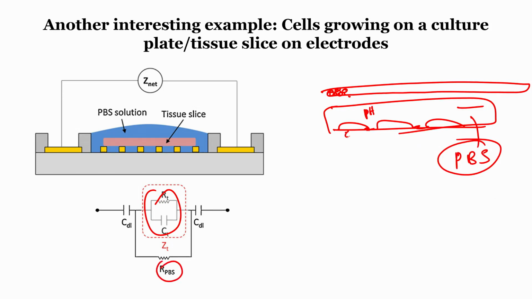And the electrodes below the cells offer a double layer capacitance at the interface, because there is an interface of metal and the lipid bilayer of the cells. That is why it is modeled like this. A double layer capacitance, an effective cell model. It is a very simplified model of the whole tissue.